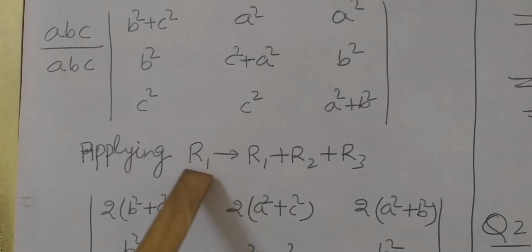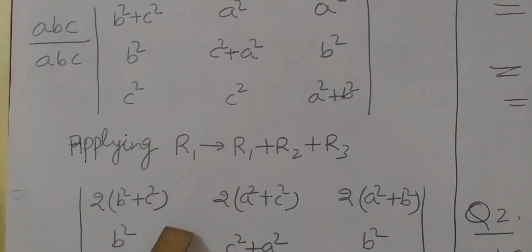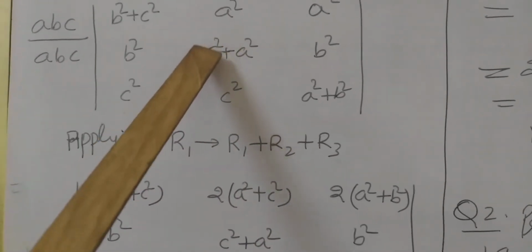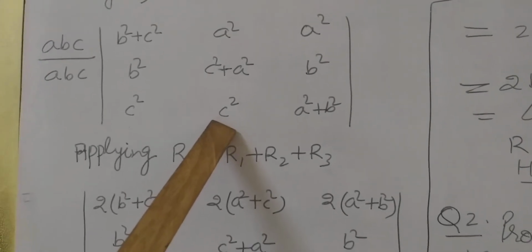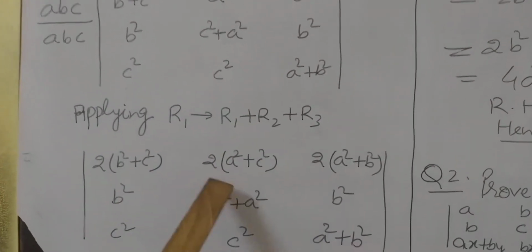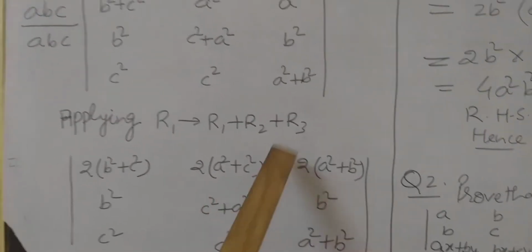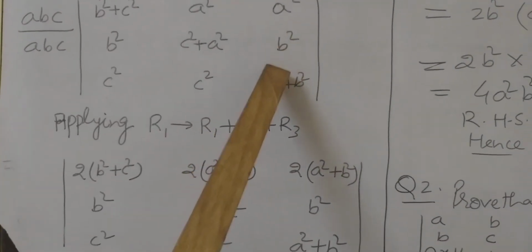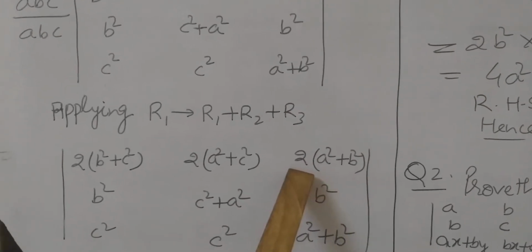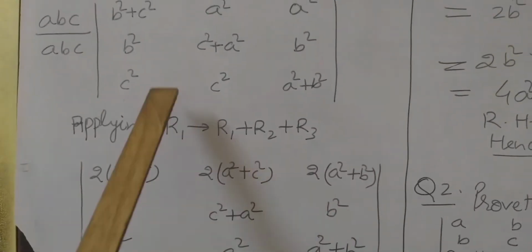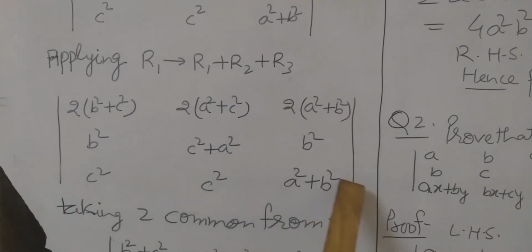At the place of R1 we write this, we are changing R1, correct? Here also, 2A square, 2C square, so 2 is common, 2 times (A square plus C square). Similarly, A square plus B square, A square plus B square means 2A square, 2B square, 2 is common, 2 times (A square plus B square). Second row and third row will remain as it is.